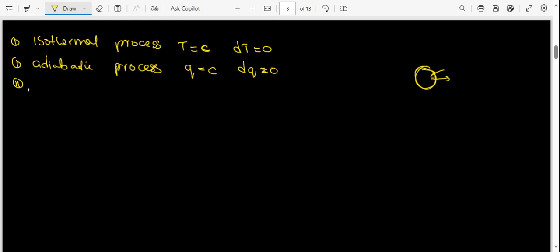All right. So the next process that we are going to talk about is the isobaric process. When you hear isobaric, think of the word barometer, something like that. The isobaric process is the process that tries to keep pressure constant.